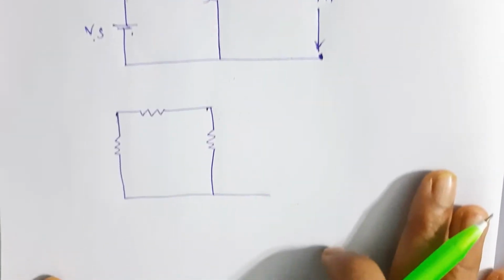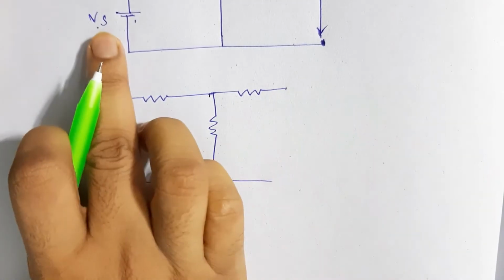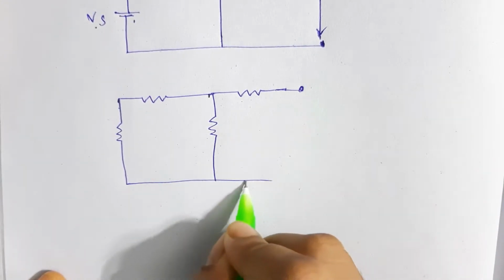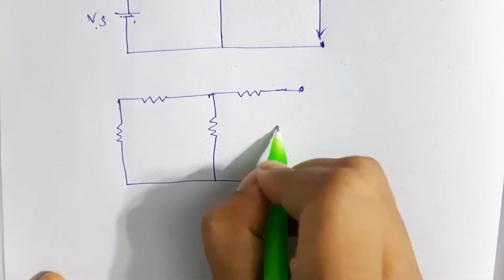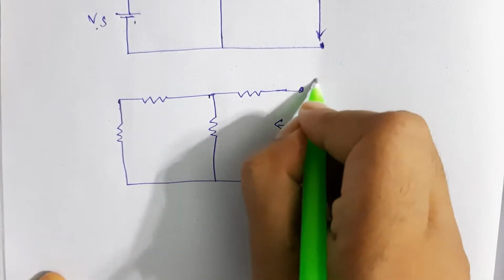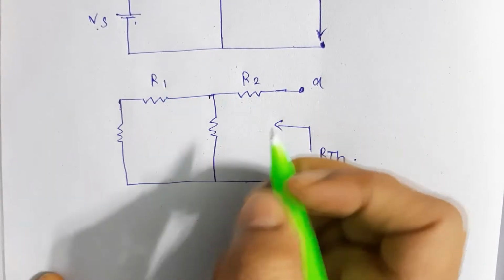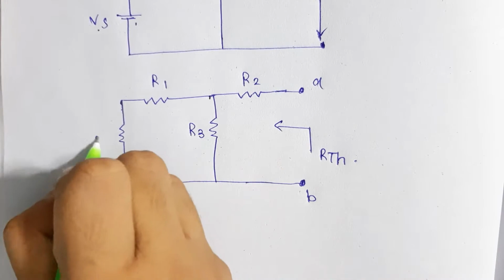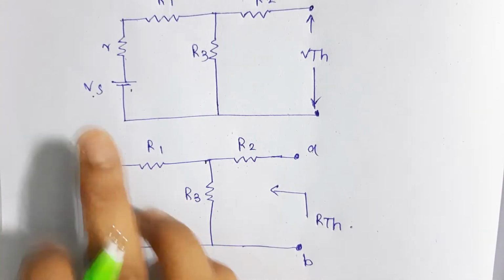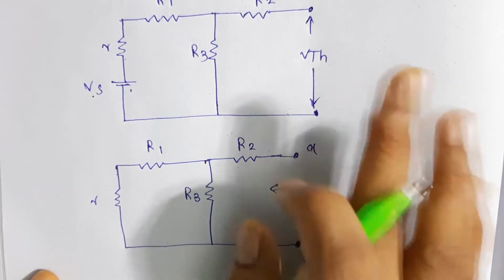But for this RTH we have to remove the voltage source as well. So the final circuit will be something like this, with which you will find out RTH. This is R2, R1, R3, and this is the internal resistance. All the resistances will be there, only we will be removing the voltage source and definitely the load resistance.